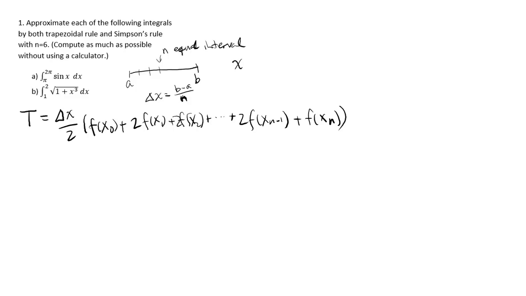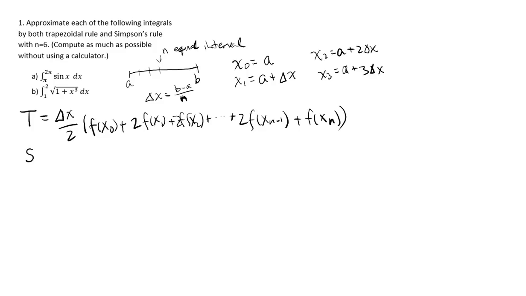Then x naught is the very beginning point, the left endpoint of the first interval, which is a. To get to the next point, you just add delta x, and x2 would be a plus 2 delta x, and you keep adding as many delta x's as you need, starting from a. So that's what these symbols mean: delta x, x naught, x1, and all that.